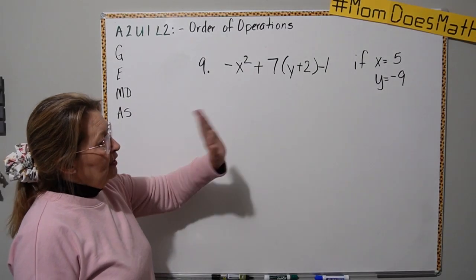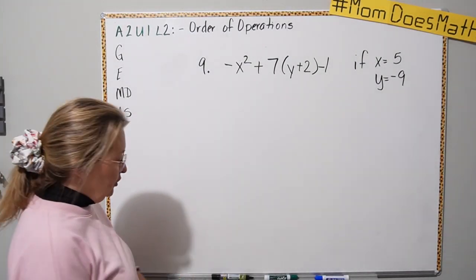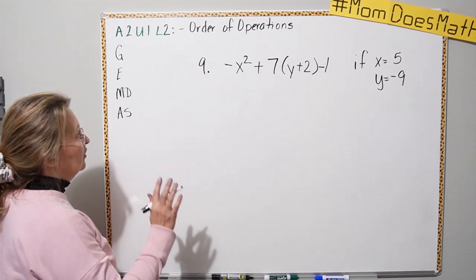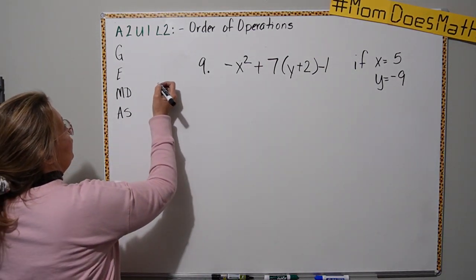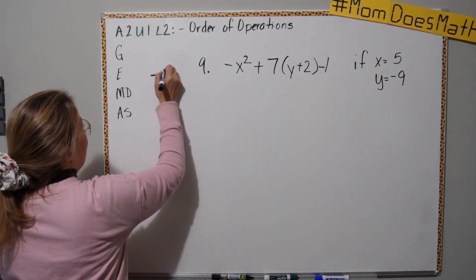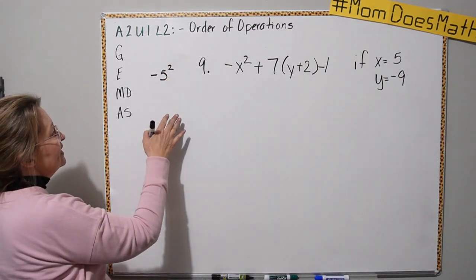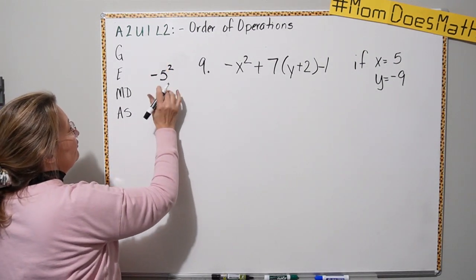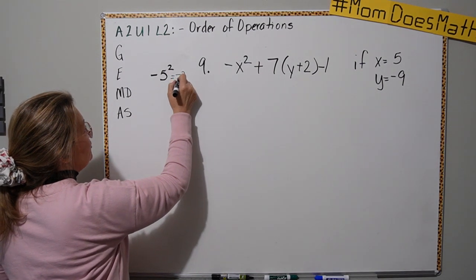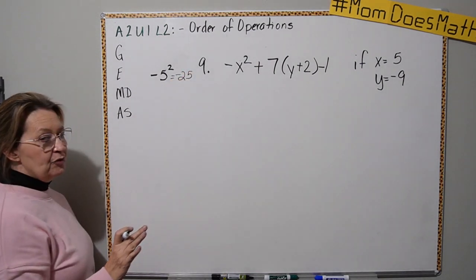Okay, here's number 9. Now before I do number 9, I want to refresh your memory about something. If you have negative 5 squared and there are no parentheses, then your square only affects the number. So this would actually be negative 25.